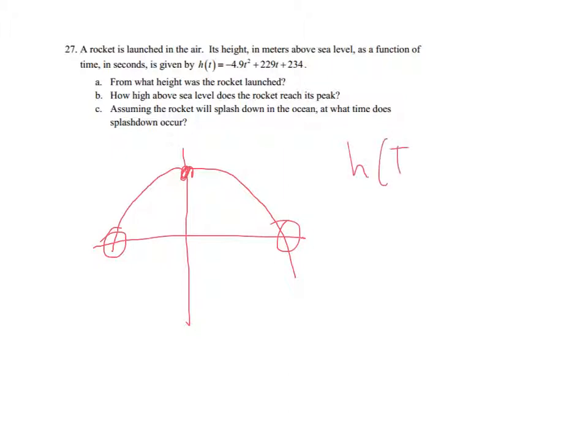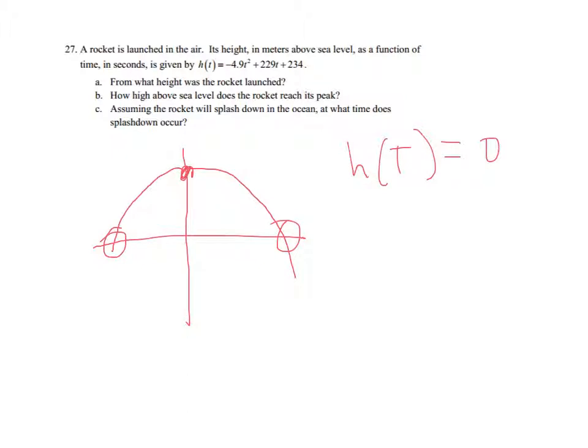So what we have to worry about for part C is what time does the rocket splash down? Well, if at time 0 it's that high and this parabola opens down, I know that is going to be the splashdown point, and I also know that is another answer for this quadratic equation, because what we're really doing is, where does h of t equal 0?